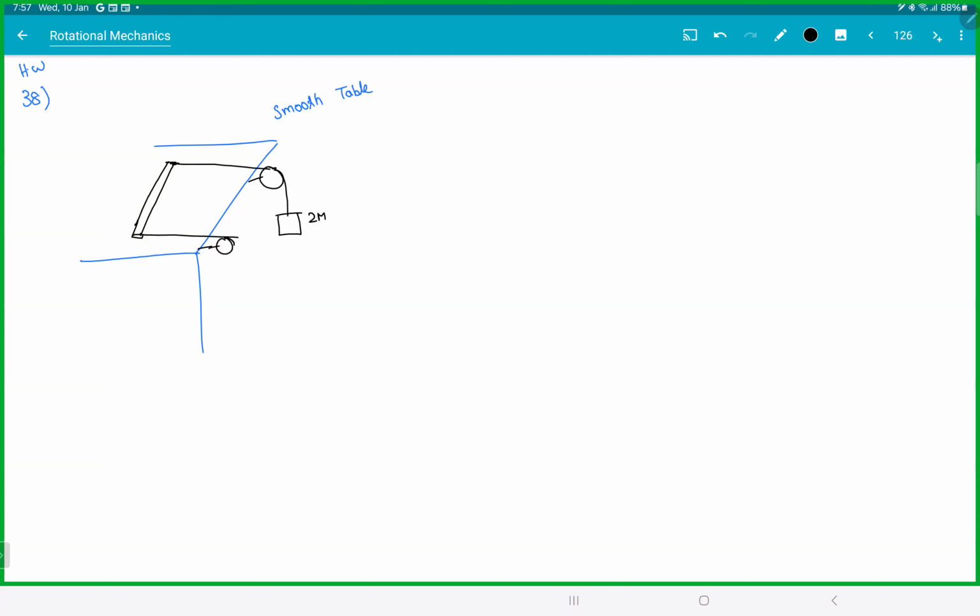There is one more pulley here, and this is M. The strings are perpendicular. This rod has mass M and length L. You're getting how the diagram is here? Gravity is there. And these pulleys are smooth pulleys, so these pulleys are not rotating.